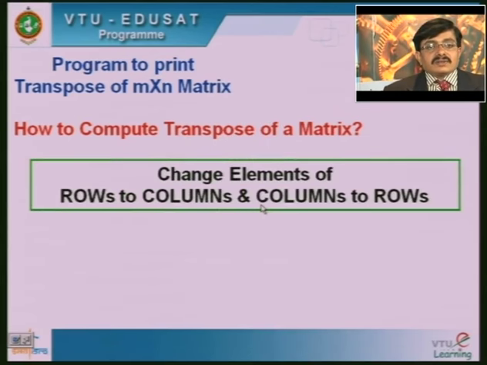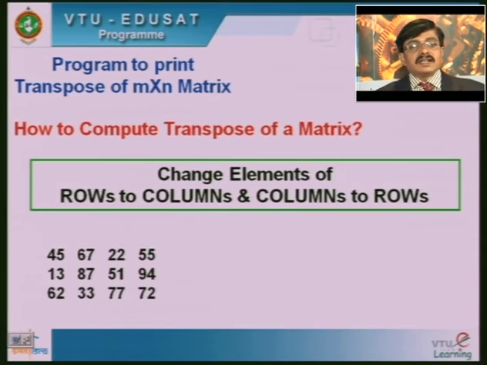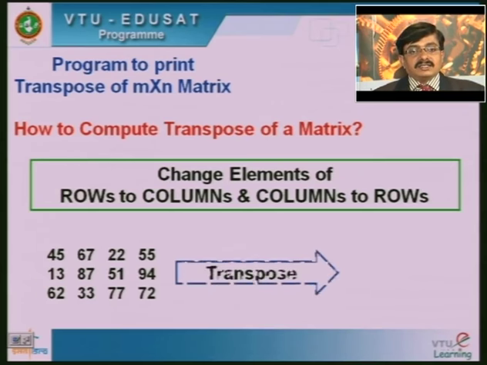Thus, changing the elements of the rows to columns and columns to rows will give you the transpose of a matrix. Consider an example wherein I have 3 rows and 4 columns. This is a 3 cross 4 matrix, and when you compute the transpose, the elements of the 0th row, 45, 67, 22, 55, will act as the elements of a column.